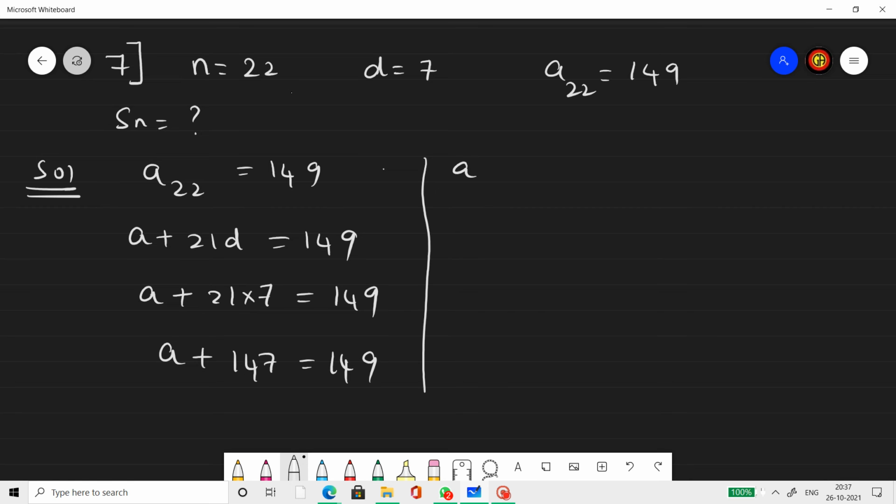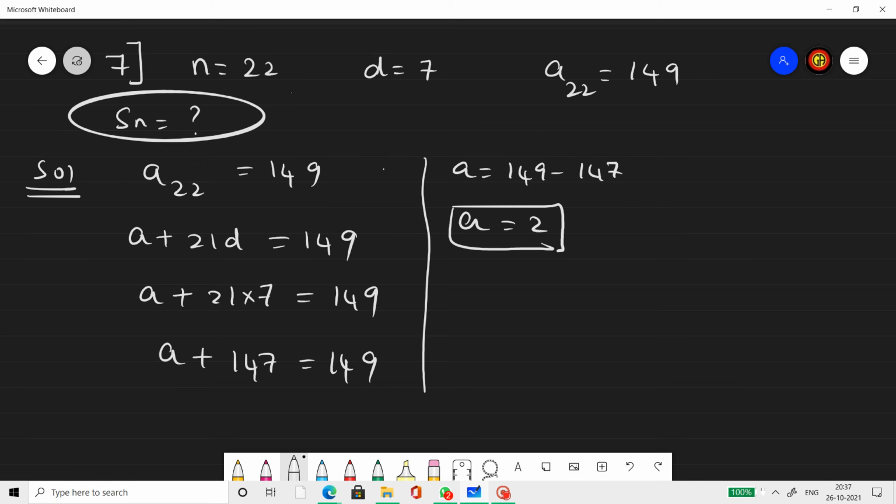A equals 149 minus 147. So A equals 2. Now after finding A, next we need to find Sn, because we cannot find Sn without finding A value. So Sn equals n by 2 into A plus L or A plus An.